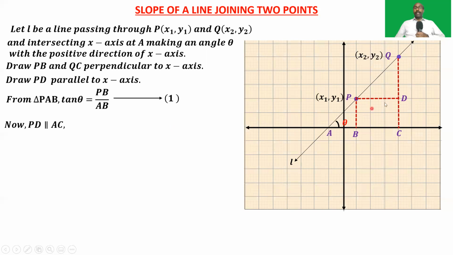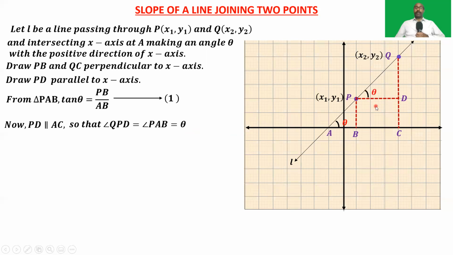Now, we have PD parallel to AC. As PD is parallel to AC, the corresponding angles are equal. So angle PAB is equal to angle QPD, so angle QPD is also equal to theta.